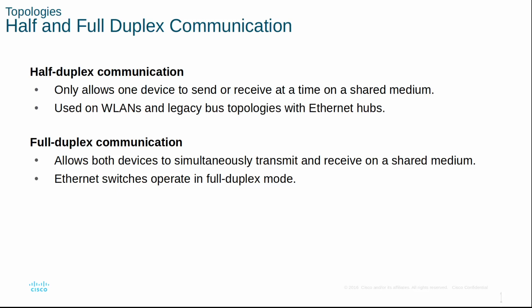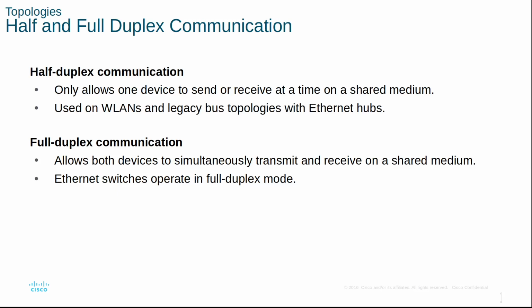Now, on a network, devices can work in either half-duplex or full duplex communication. With half-duplex, it's a bit slower, because only one device can send or receive at a time, and the medium is shared with everything. It's really only used nowadays in wireless.